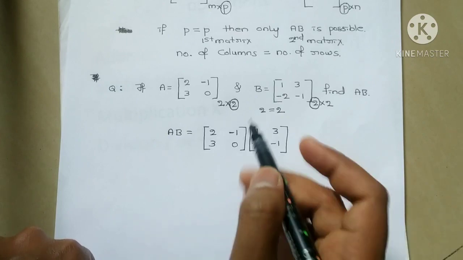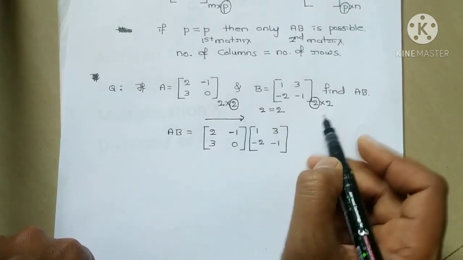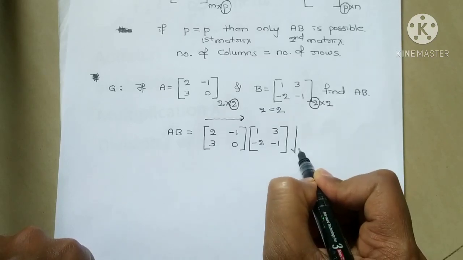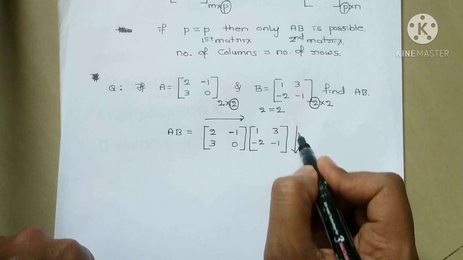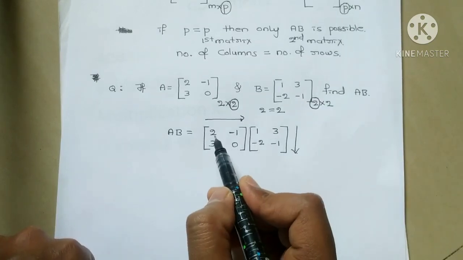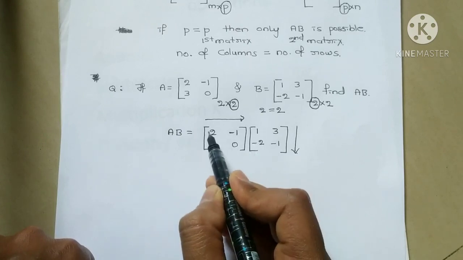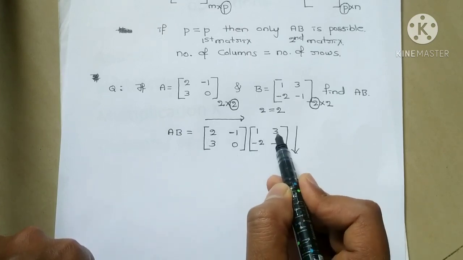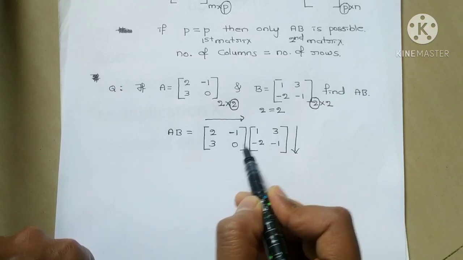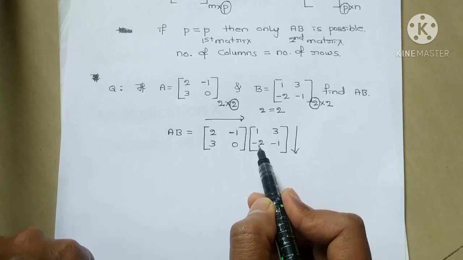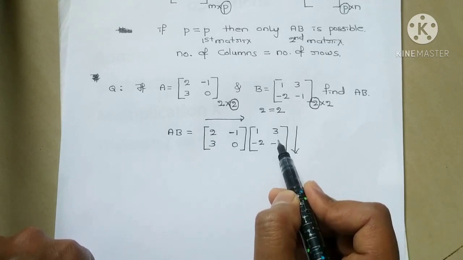What is that second step? Always you have to multiply rows with columns. It means first row you multiply with first column. Next, first row with second column. Afterwards, second row with first column, and second row with second column.